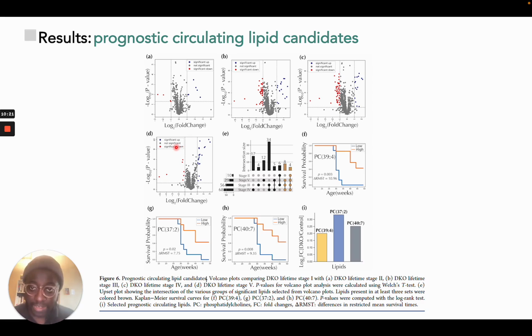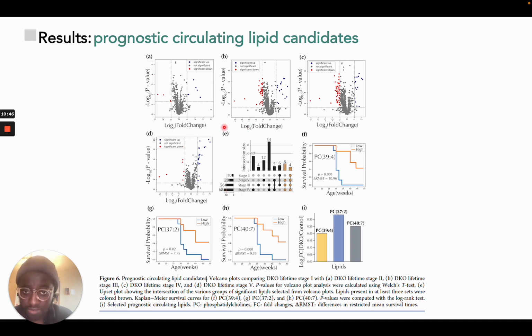So in panel A, we are comparing the DKO lifetime stage 2 compared to 1, DKO lifetime stage 3 compared to 1, DKO lifetime stage 4, and so on and so forth. And the significant lipids that were selected here were presented in this upset plot.